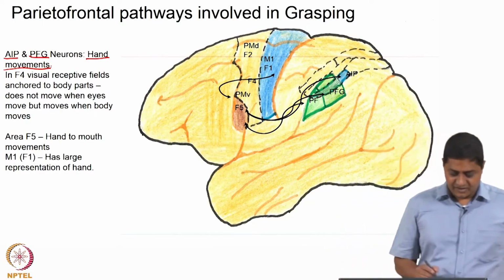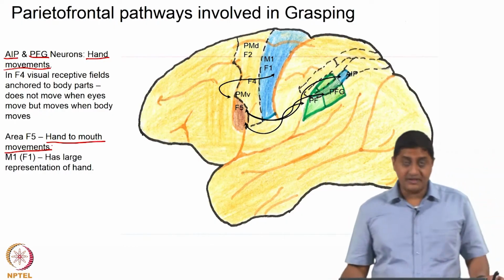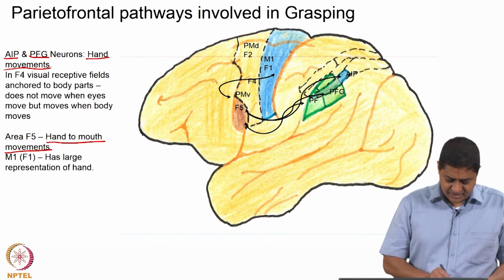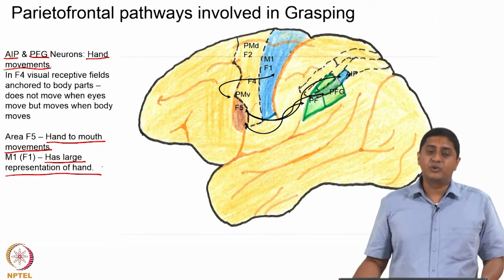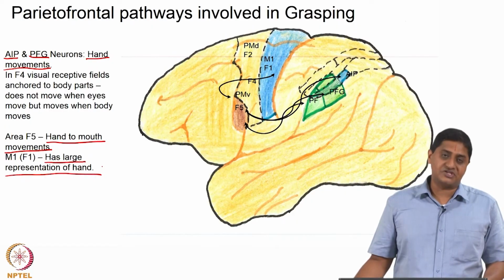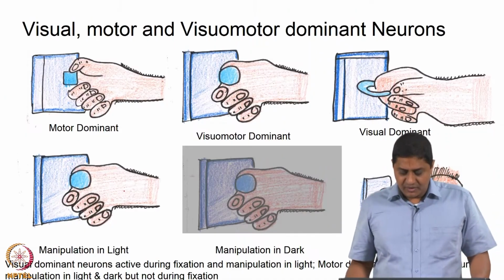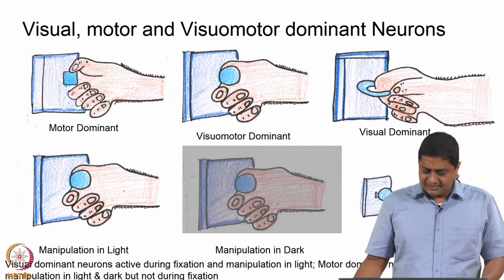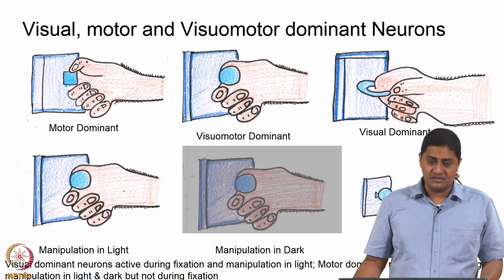And area F5 also hosts neurons that have specialized function in coordinating hand to mouth movements. We have also already seen in a previous class that the primary motor cortex has a disproportionately large representation of the hand. Also, what is known is that depending on the task and depending on the type of neuron, there are different classes that can be found.